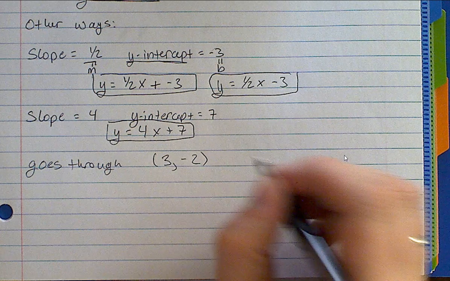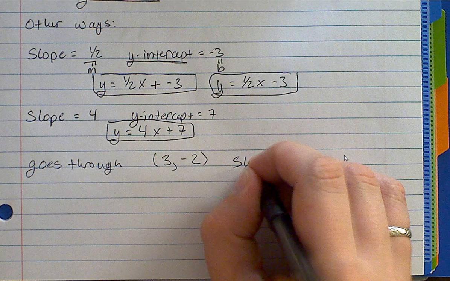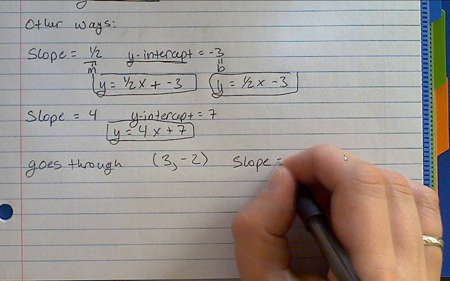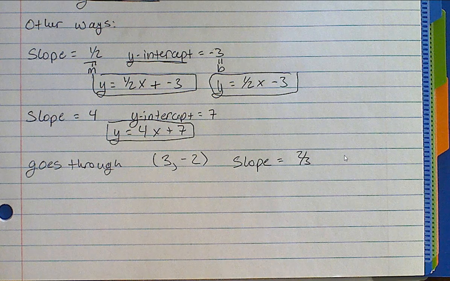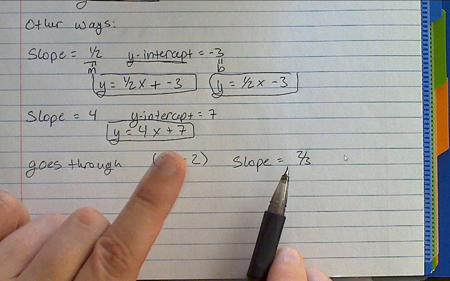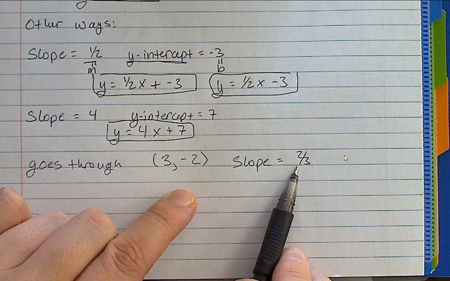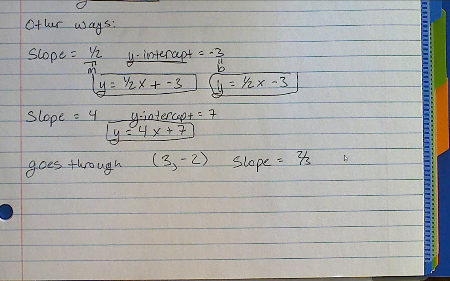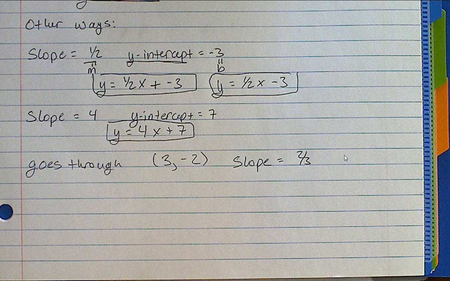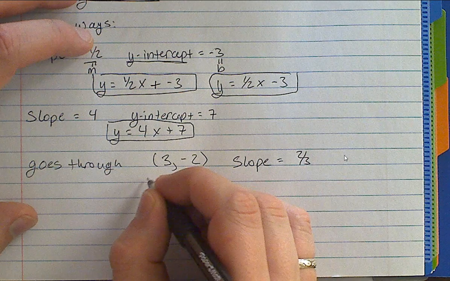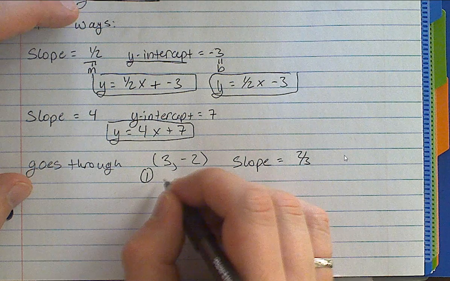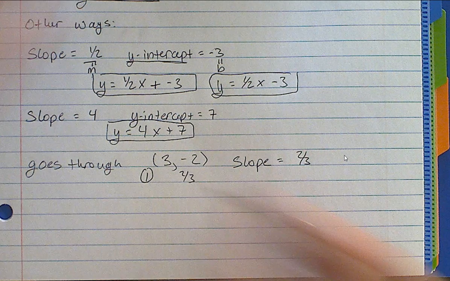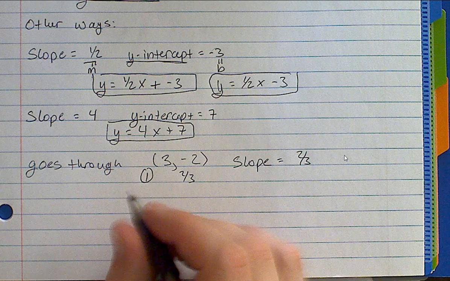And I'm going to say it has a slope of 2/3. Now, rather than giving you 2 points, this already gives you the slope and 1 point. So we're still going to use the same equation we did on Tuesday. It's just we get to skip that first step where you have to find the slope. Step number 1, the slope is 2/3. Ta-da! You get to skip down to step number 2.